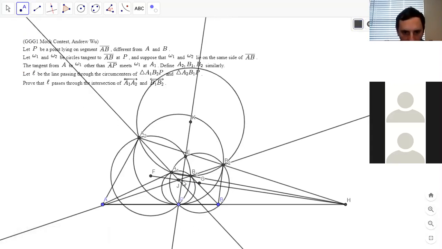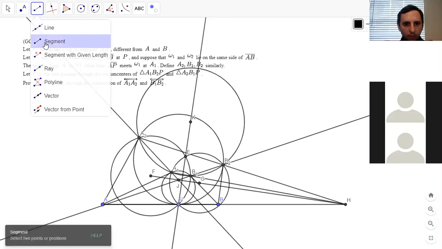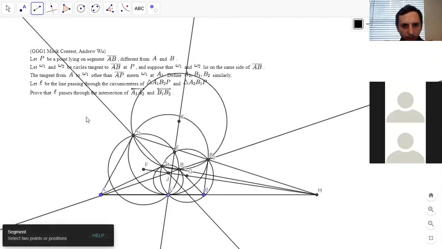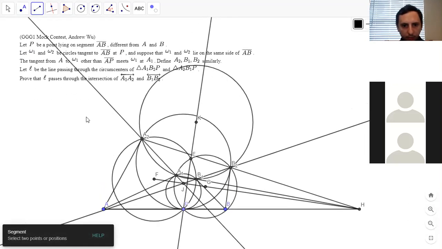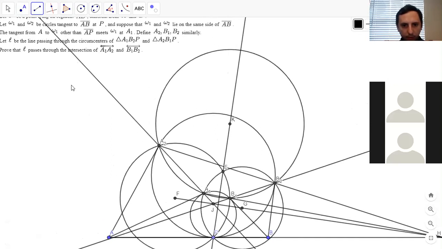Can we prove that J is collinear? JP is perpendicular to AB. Interesting. Sure, let me draw this point, the point you mentioned. I'm just trying to make it bigger.